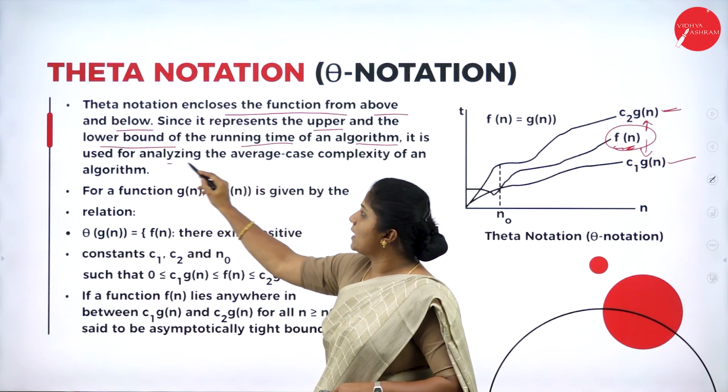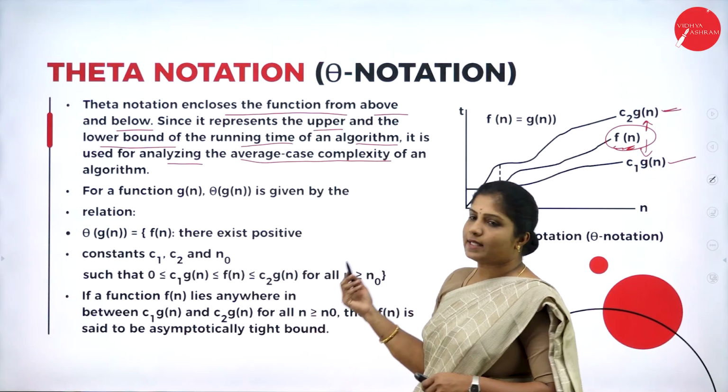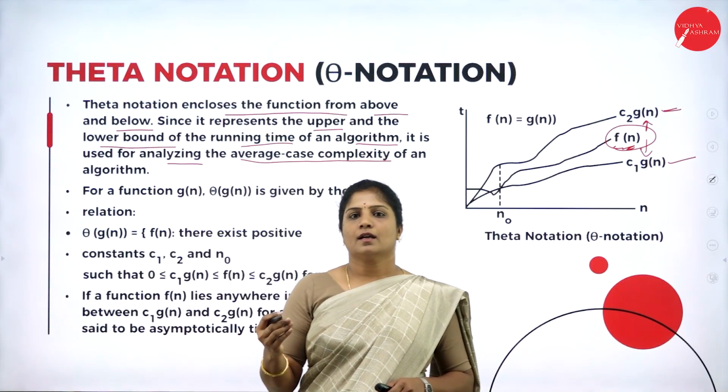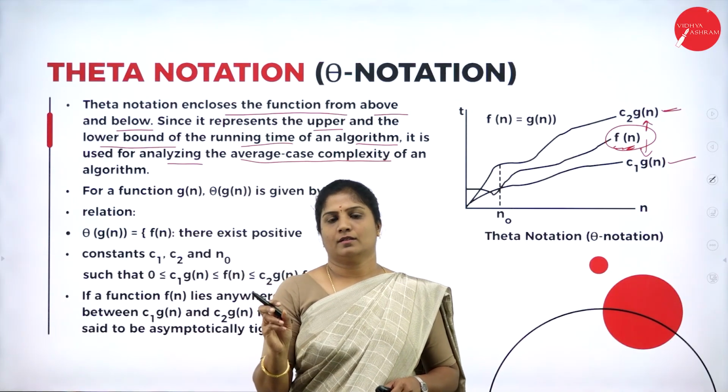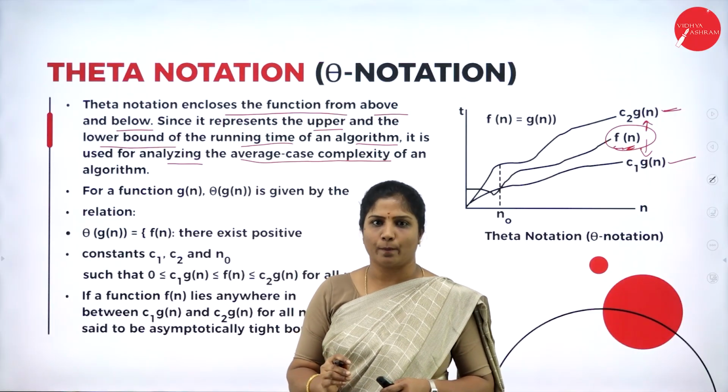So it is used for analyzing the average case complexity. For example, in a linear search, if the key element is present somewhere in the middle of the given array, it takes the average time complexity.